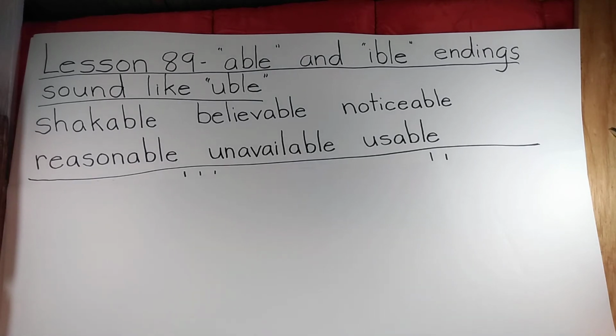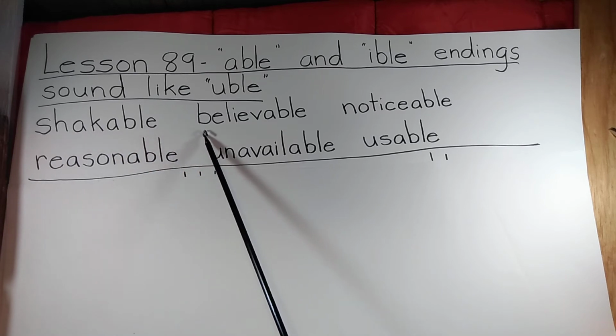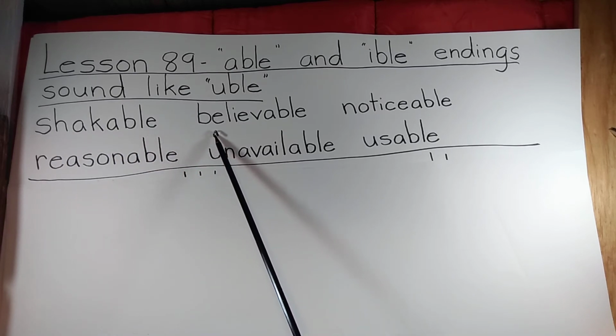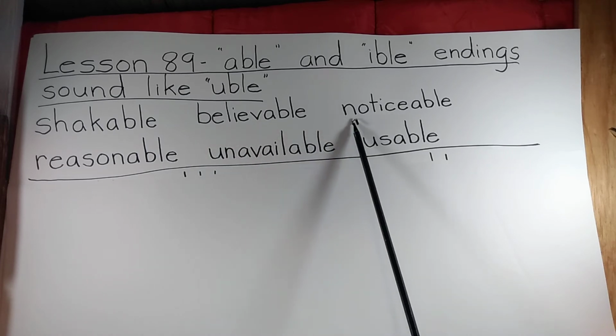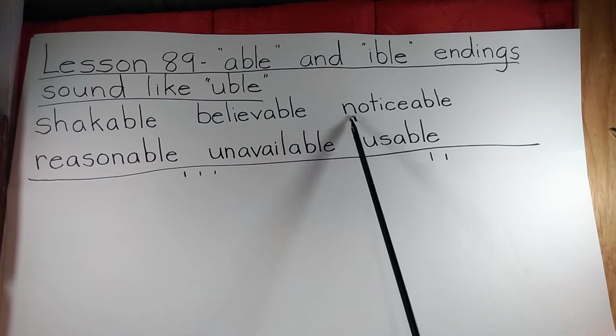Now we're going to review words with the ABLE ending, a bull. Students, say these before I do. Shakeable. Believable. Let me say that again. Believable.